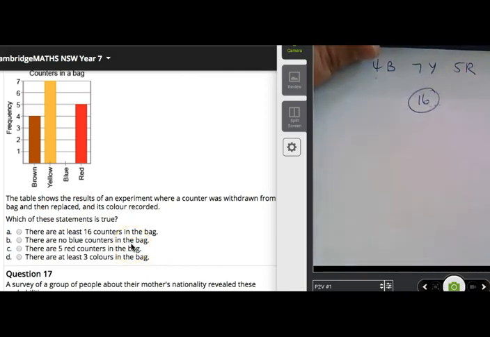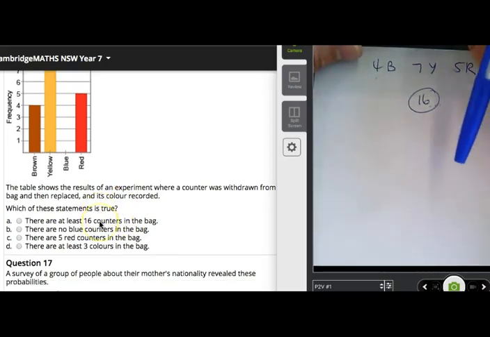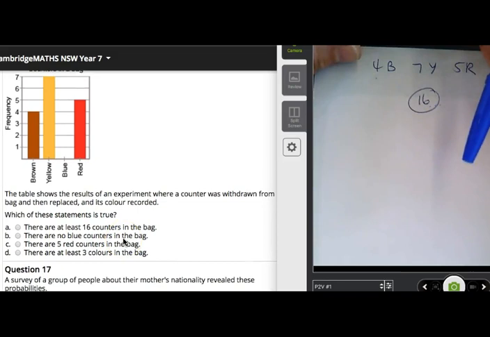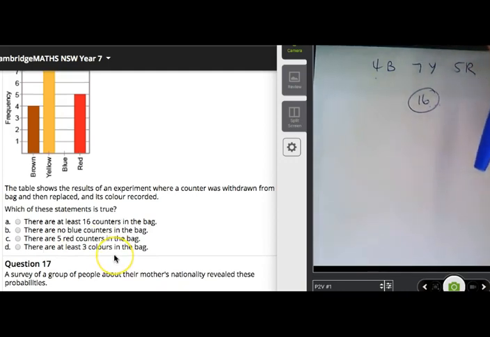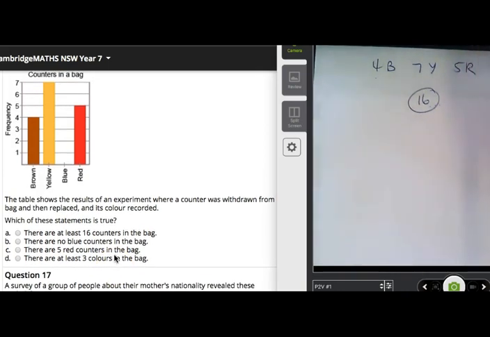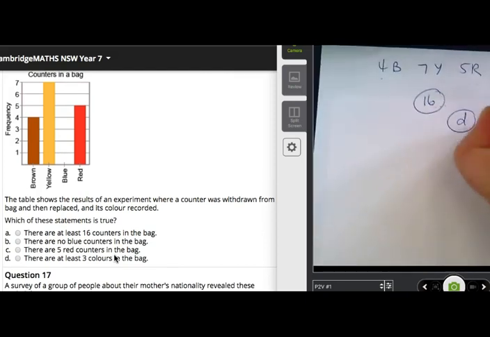It's just that maybe there might be just one blue in there and we never picked it up yet. This experimental probability, you may not pick that one blue or whatever in there. There are 5 red. Well, we don't know that, because we could have picked up the same red one a couple of times. And there are at least 3 counters in the bag. Yes, because we know we've picked up a yellow, a brown, and a red. So the answer to that one is D.